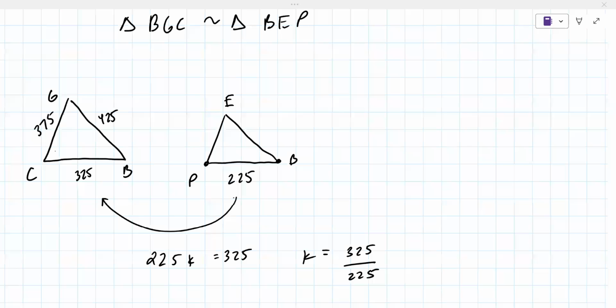But then we reduce that. I believe that's 9 over 4. Sorry, 13 over 9. Huh, that doesn't work out great. But okay, that's okay. So then we use the same thing for the other one.